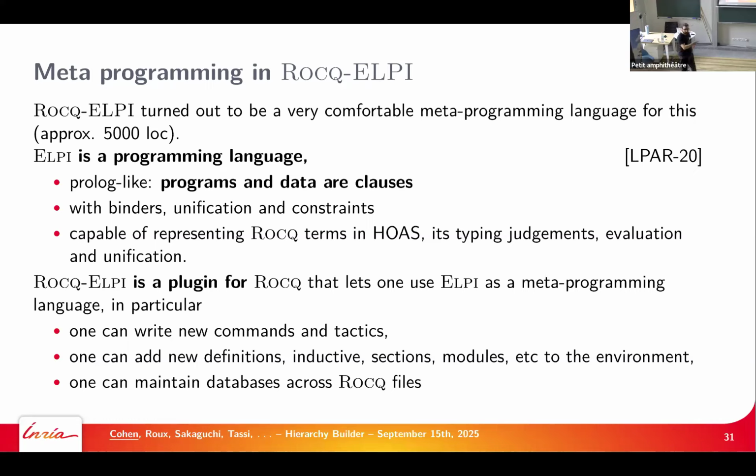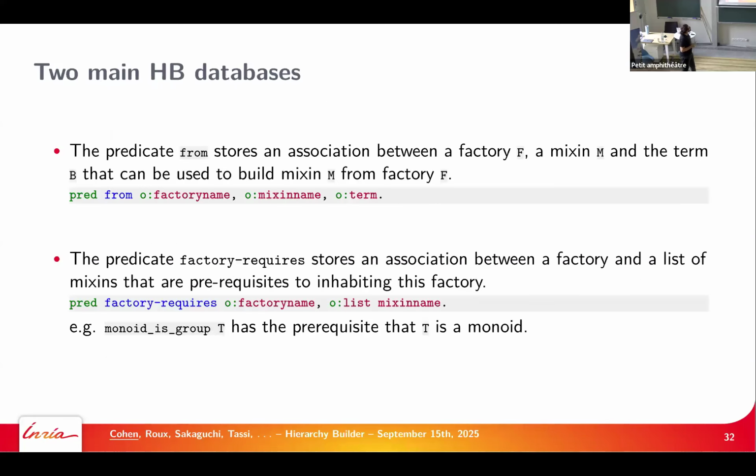And thanks to it, we maintain databases across files in a configurable way. For example, in order to compile mixins, factories to mixins, we have this predicate, which takes, ignore the O column, which relates factories with mixins, and the term to actually provide, a function from the factory to the mixin that tells you how exactly you rebuild the mixin from a factory.